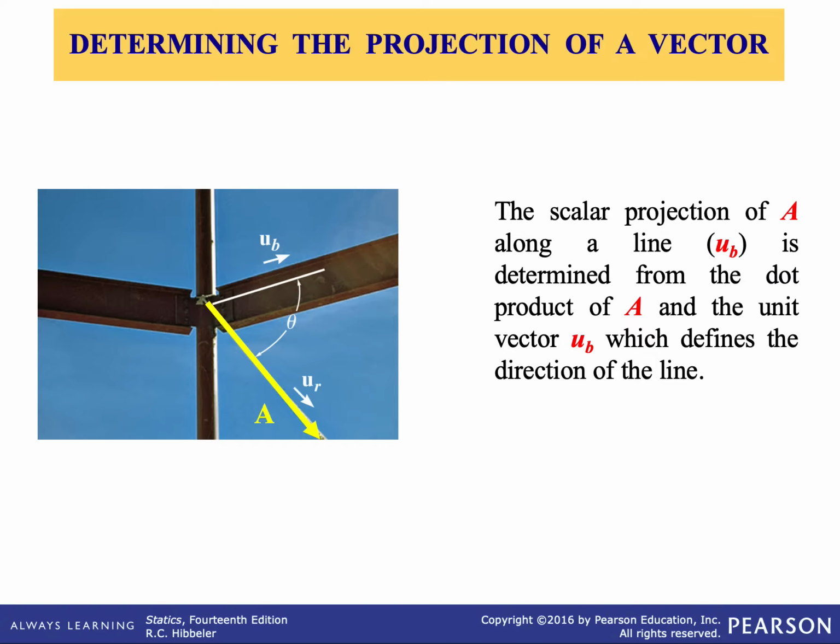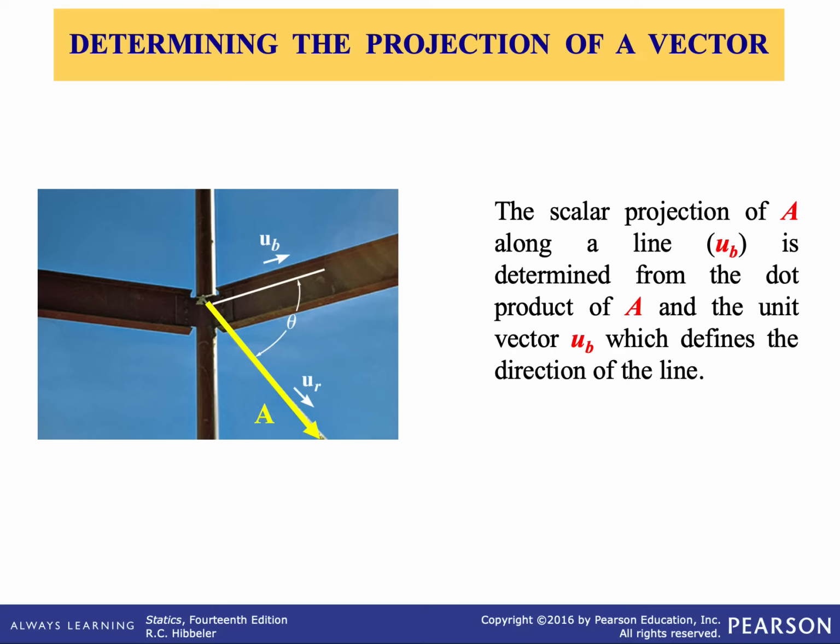If you want to find the projection of A along the beam, there are steps that we can do, and the steps are actually doing the dot product, and that's where the dot product is very helpful. Again, remember we have vector A. I'd like to find the projection of that vector along the beam, so I need to find the unit vector of the beam first, and then we can do the dot product between A and the unit vector of the beam to find the projection of A on that beam.